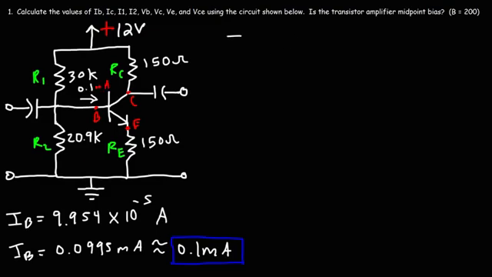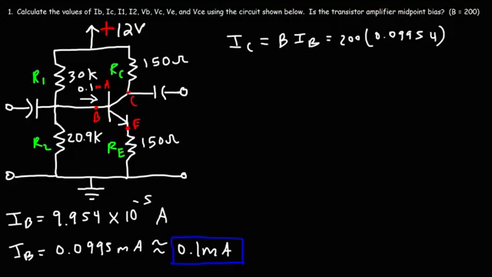Now our next step is to calculate the collector current. The collector current is equal to beta times the base current. Beta is 200, and the base current is technically 0.09954 milliamps.